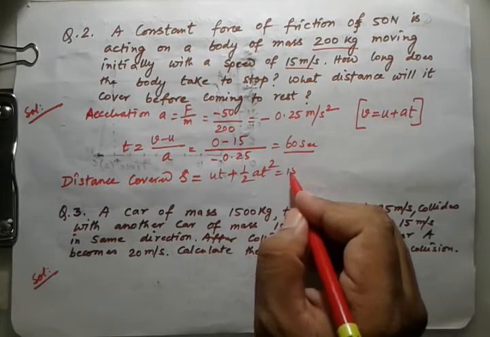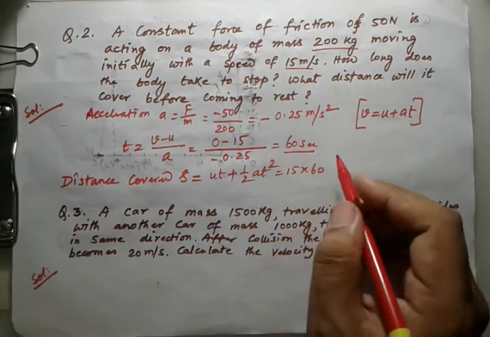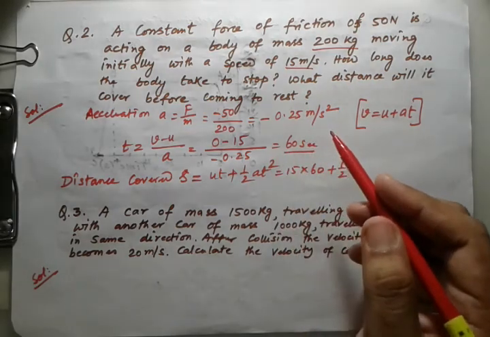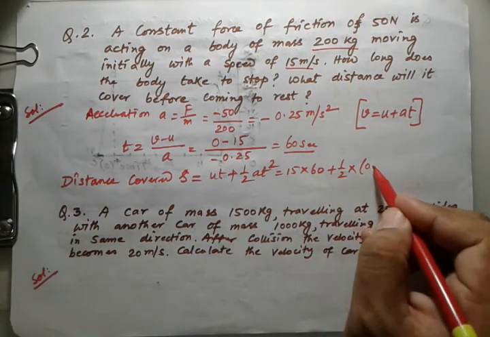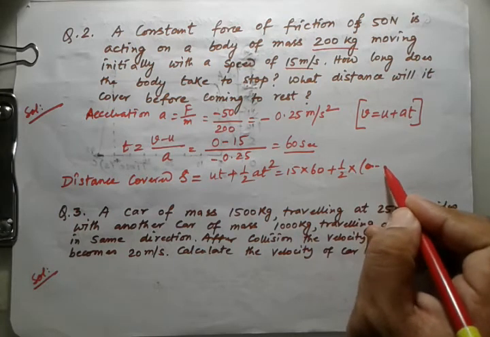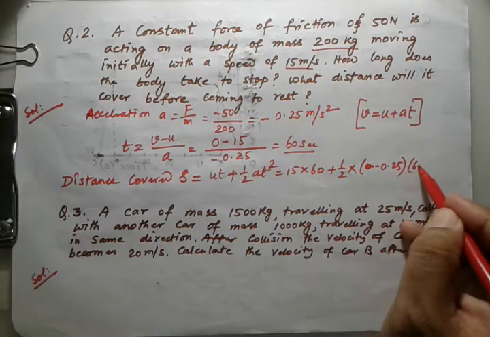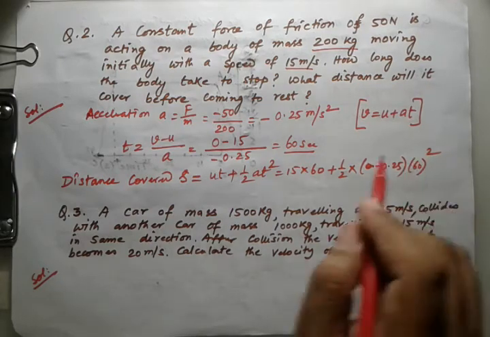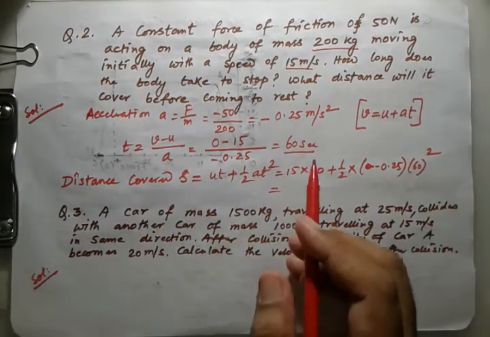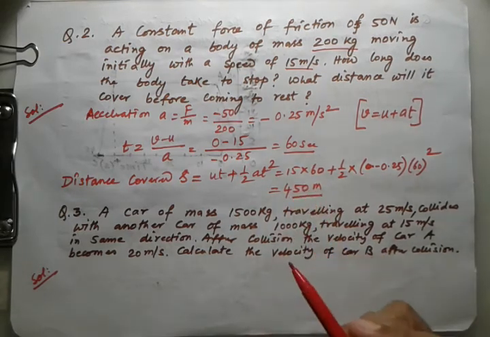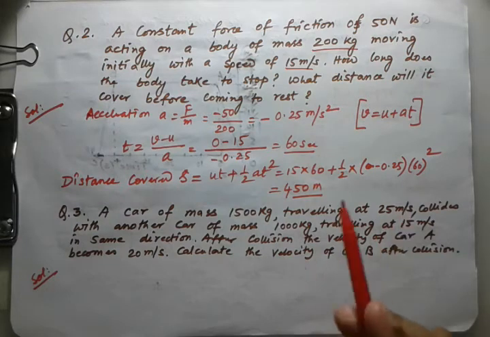So 15 into 60 plus half, a is given here, you have to put minus 0.25 into 60 whole square. If you calculate this, I have already calculated it, it came 450 meter. So this distance will be covered. This is the answer.